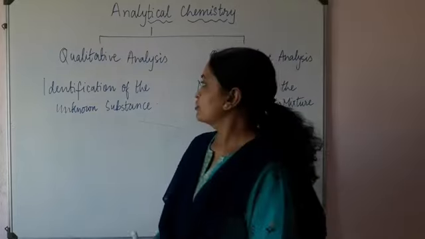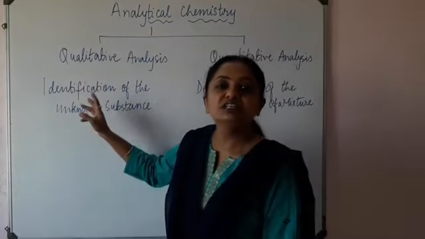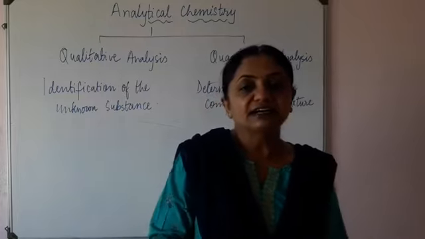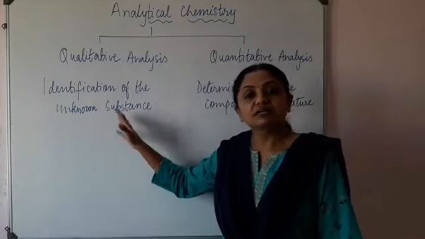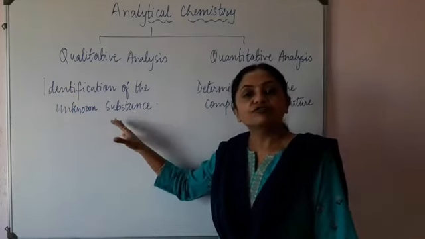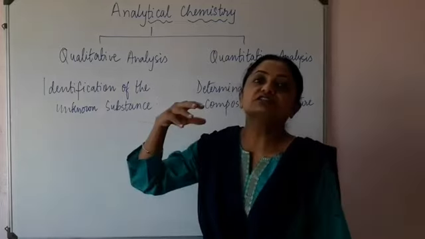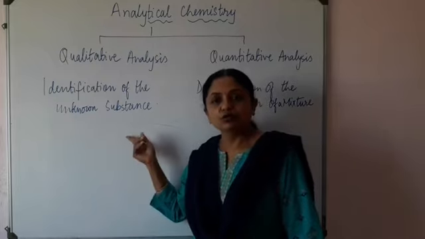That is what we will be studying here, qualitative analysis. Identification of an unknown substance is done by carrying out a chemical test with the help of reagents. So we need some reagent, something with the help of which we can identify the unknown substance.